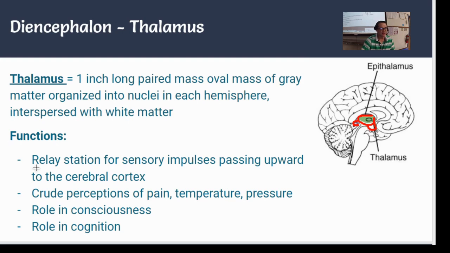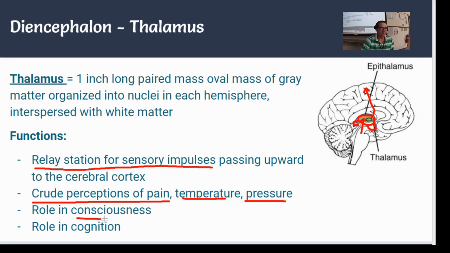What's its function? Its main function, you're going to know, is that it's a relay station for sensory information that's coming up from the body. First, it goes to the thalamus, and then it's going to relay it to the primary somatosensory cortex, or wherever in the brain it needs to go. So it's a relay center for sensory information. It also has crude perceptions of pain, temperature, and pressure.